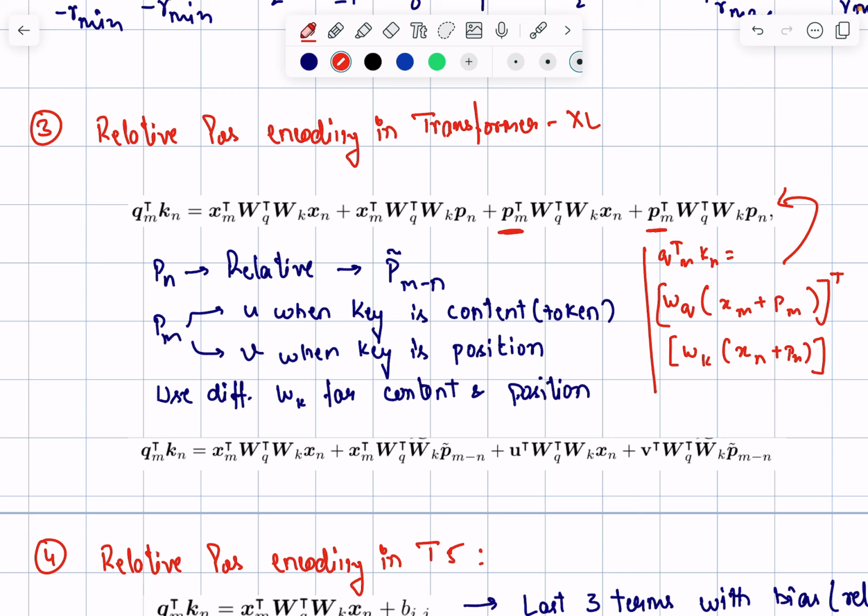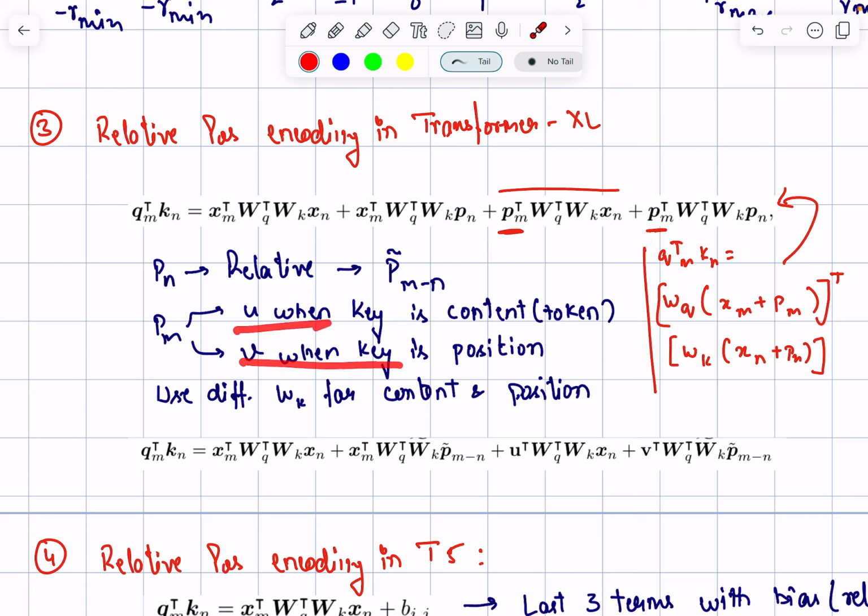So in this particular formula, you are taking the attention of position as query with xn as key, and in this case you are taking the position as query and another position as key also. So they say to use different values for these. They use u here and v here.